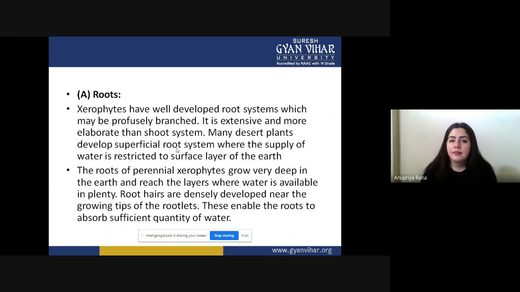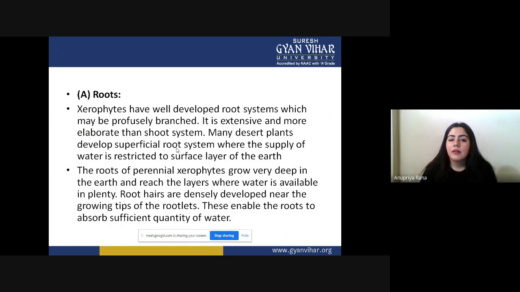So xerophytes have a very well developed root system which may be profusely branched. They have an extremely large network of branches so they can go everywhere to collect water. It is extensive and more elaborate than the shoot system. So the shoot system is small in xerophytes, and the root system is long.